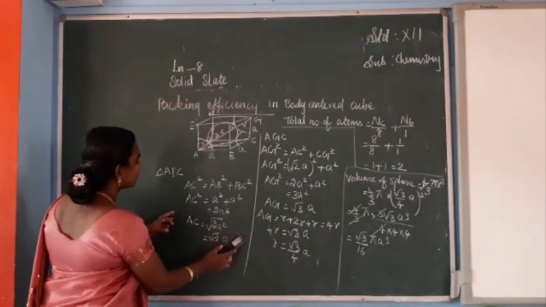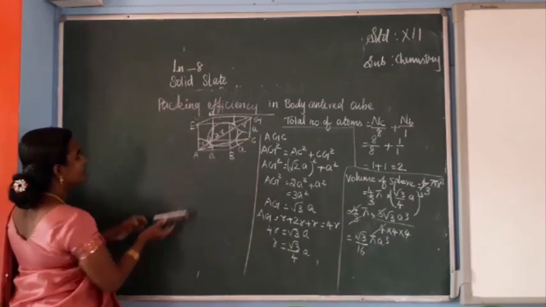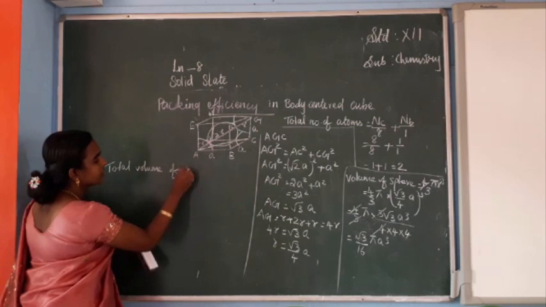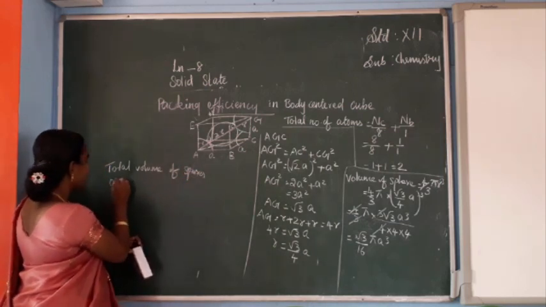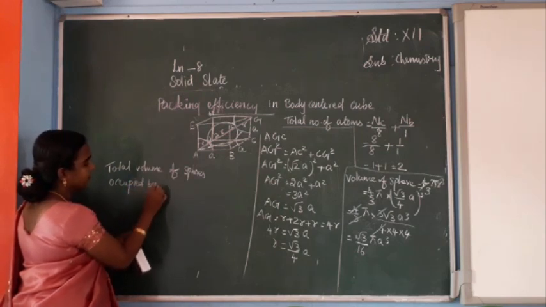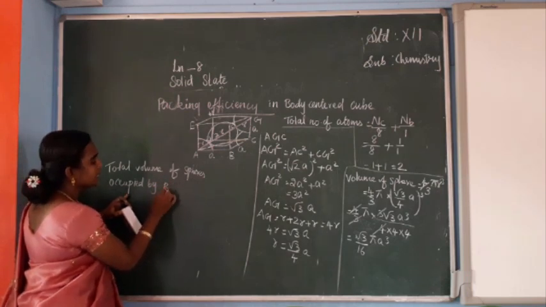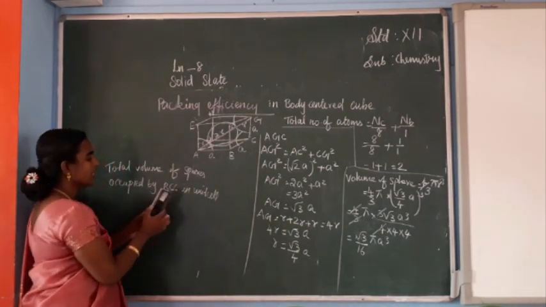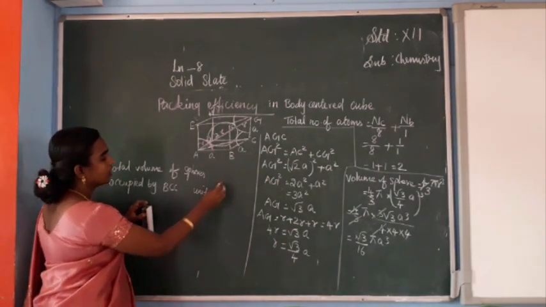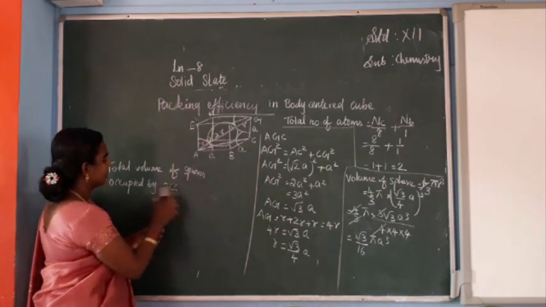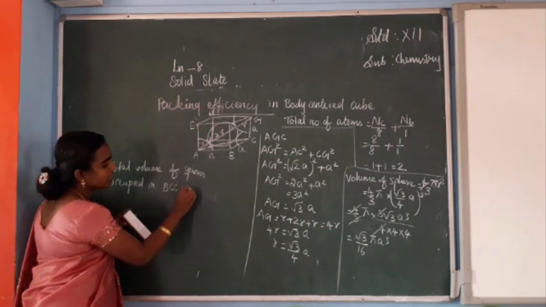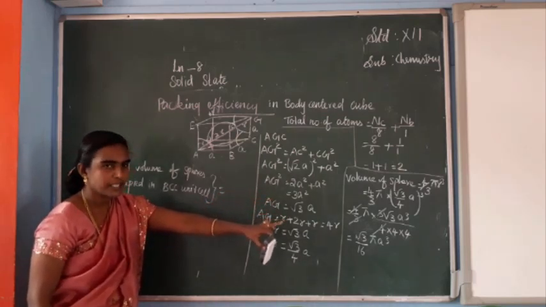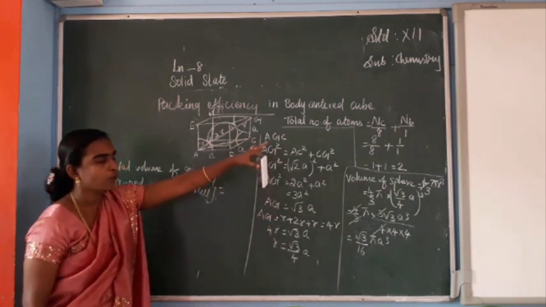I will write here: total volume of spheres occupied in a BCC unit cell is equal to the volume of one sphere, which we already found, multiplied by the total number of atoms.